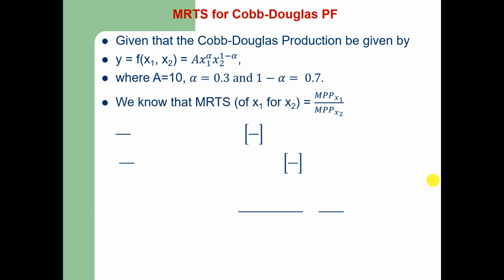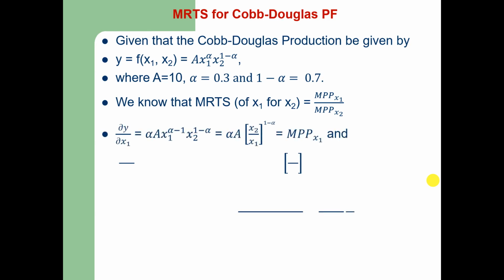We also know that the marginal rate of technical substitution of x1 for x2 is equal to the ratio of the marginal physical productivity of x1 divided by the marginal physical productivity of x2, and we also assume that x1 is the labor input and x2 is the capital input.